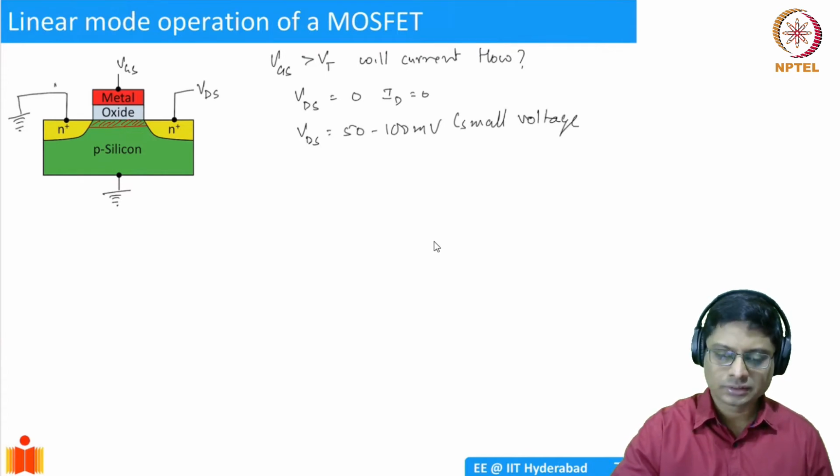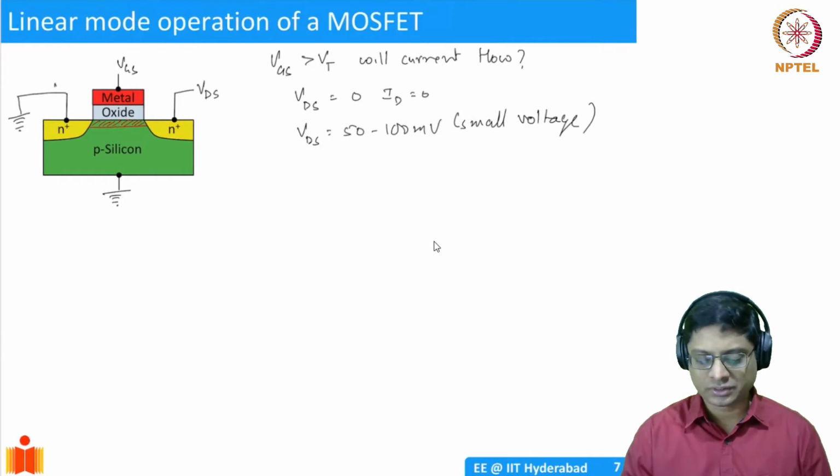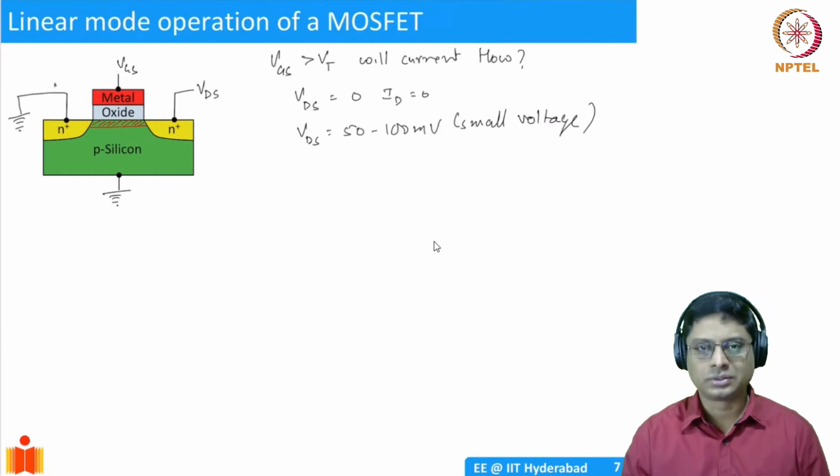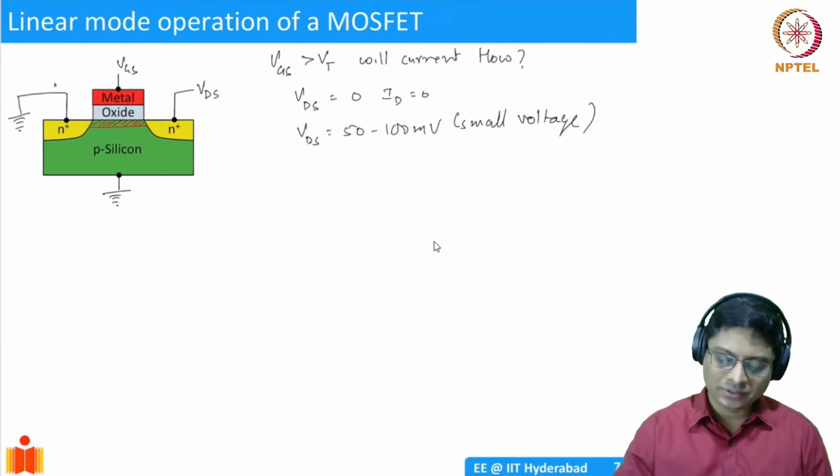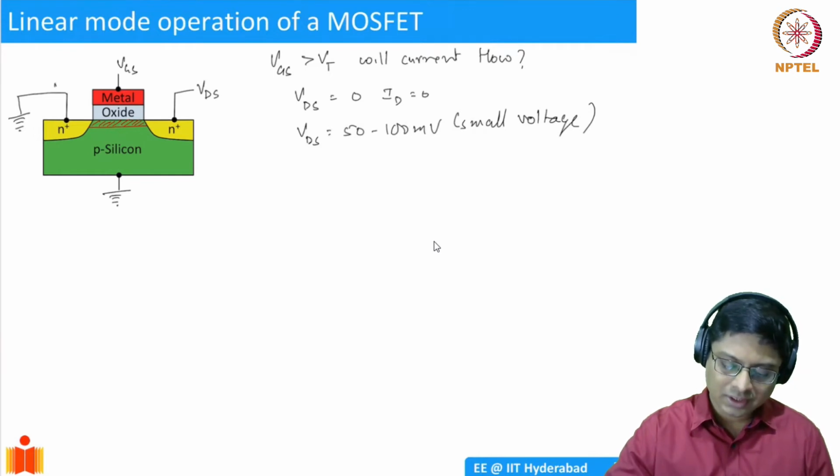What happens? When you have VDS, which is a small voltage, then the current can flow, okay? We will derive an expression for this, but when VDS is a small voltage like this, we call it a linear mode of operation.